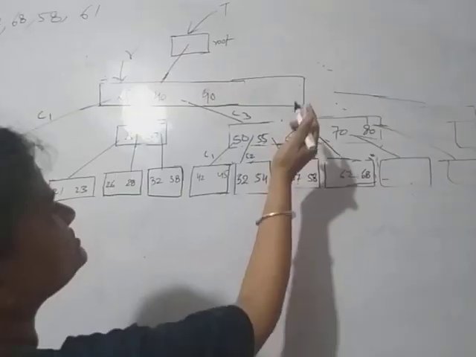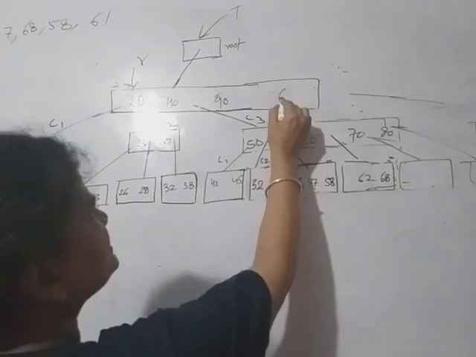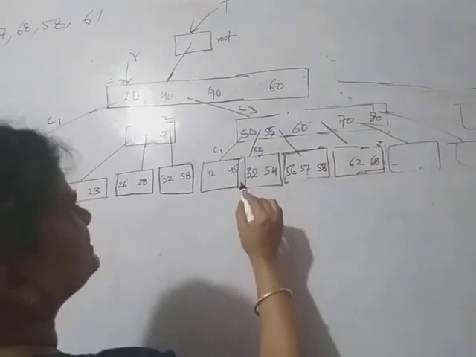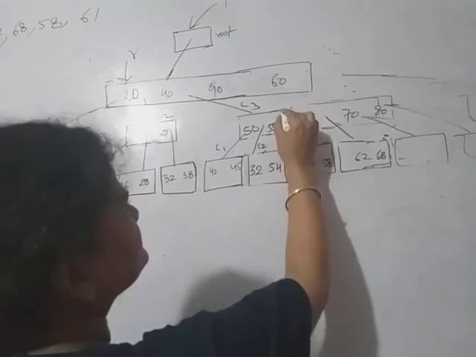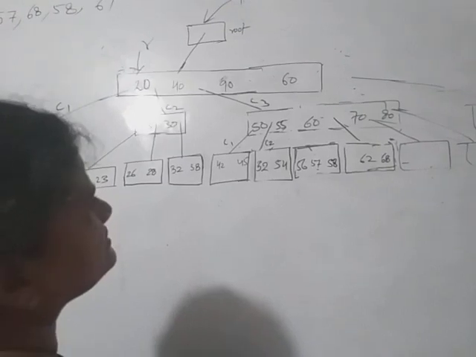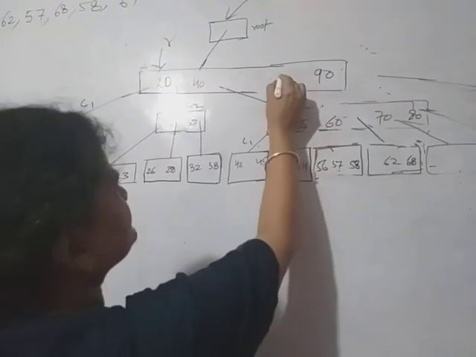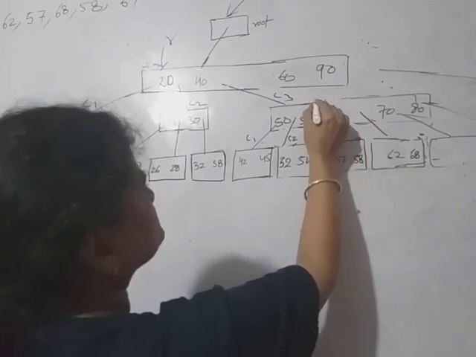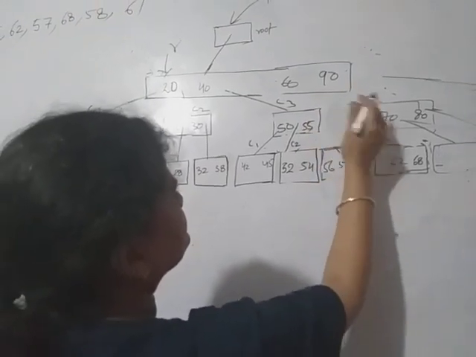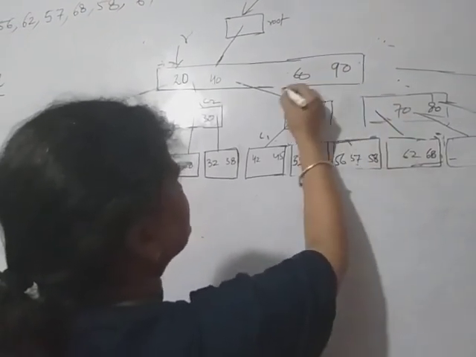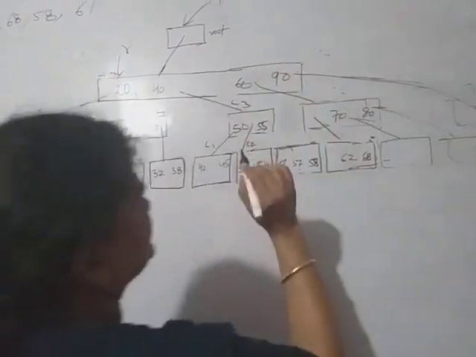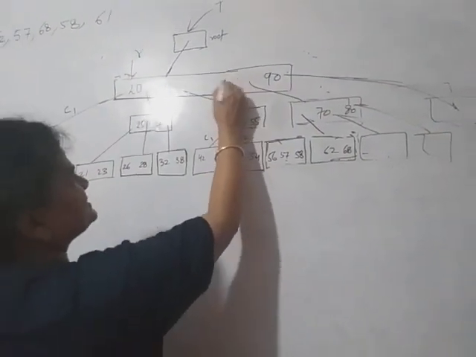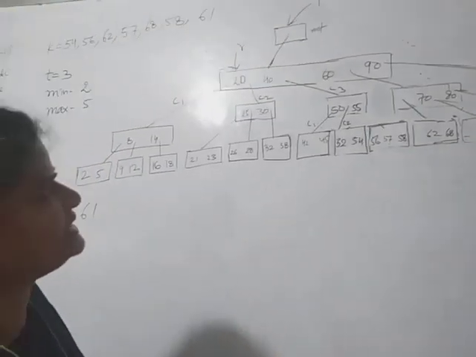This will become the left child, this will become the right child, and 90 the left child. This is 60. So 60 is shifted above.